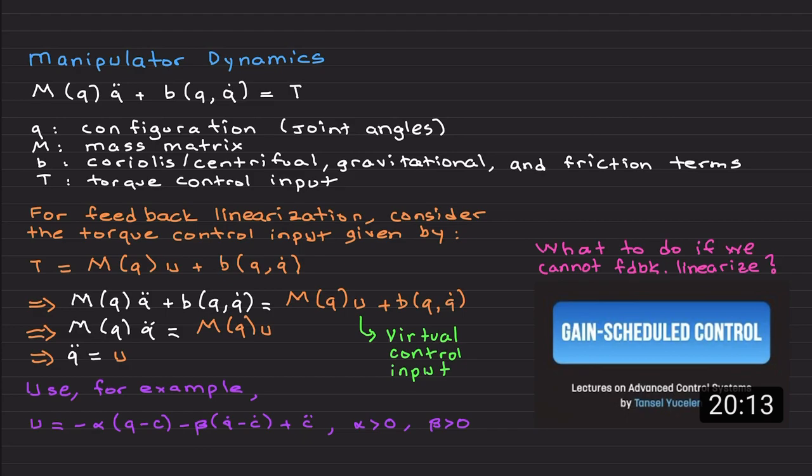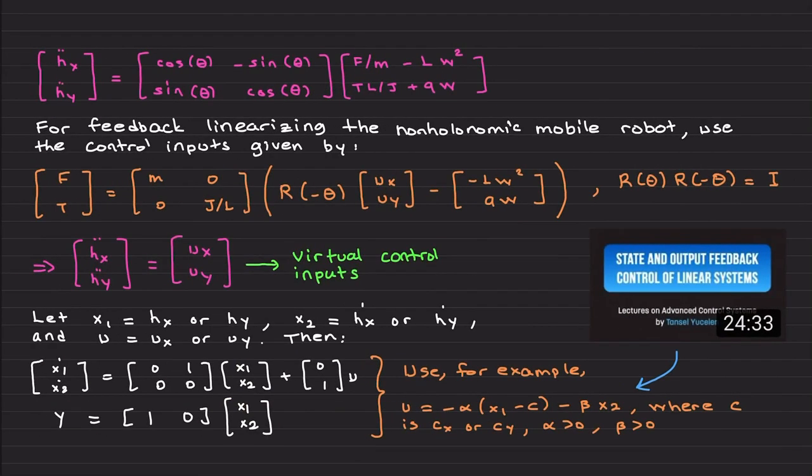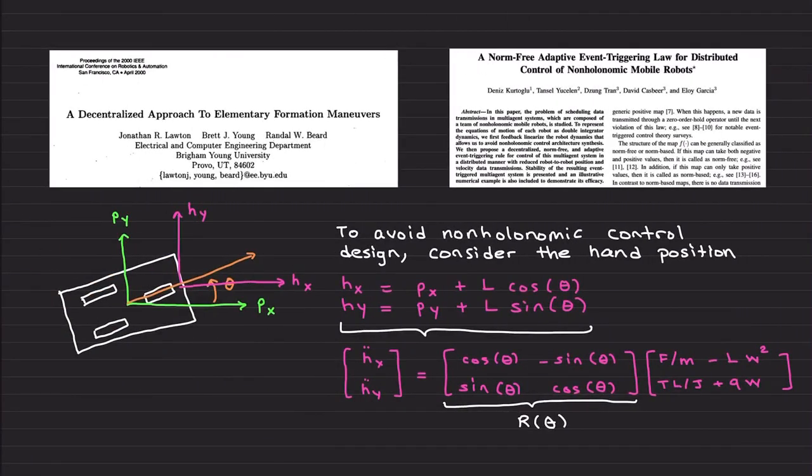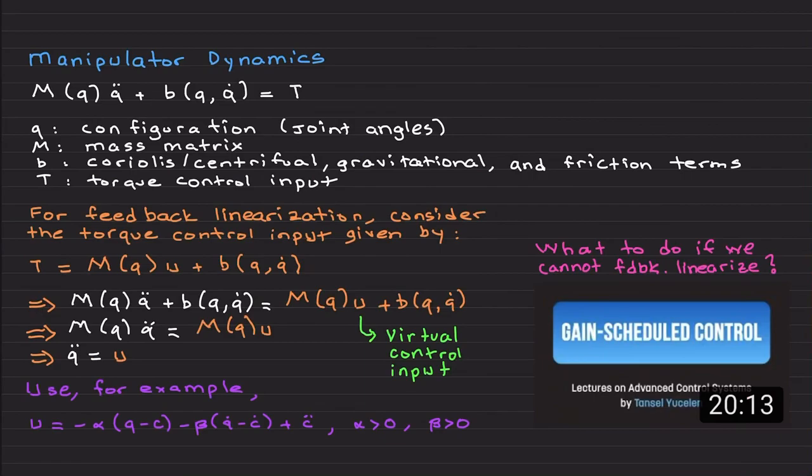Now, in the first example, we did feedback linearization by defining another coordinate system, the hand position. In this manipulator case, we directly did feedback linearization. These are the two common techniques. Of course, there are also systems that you cannot linearize through feedback.